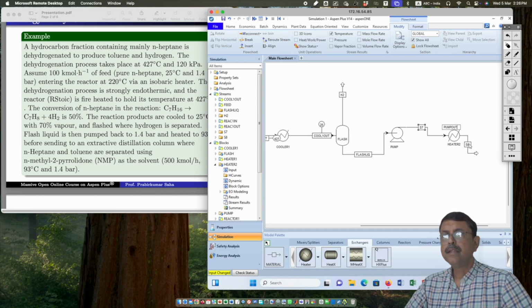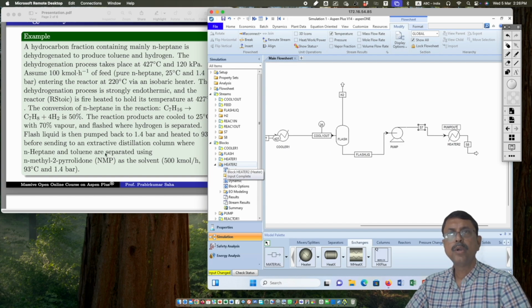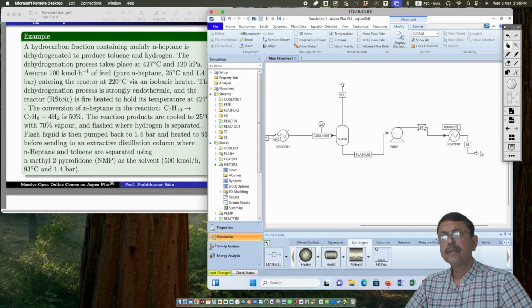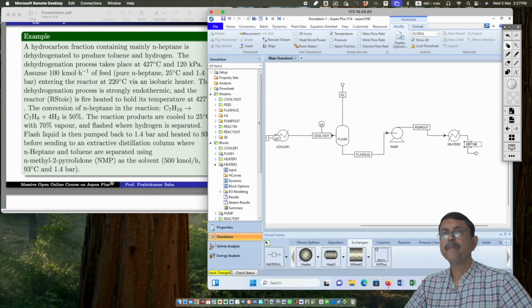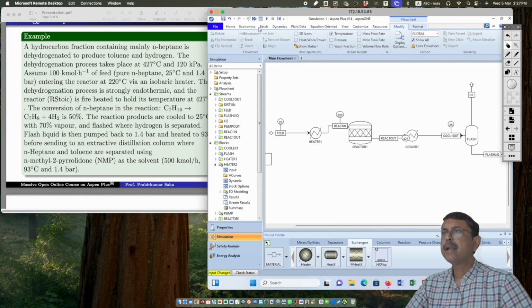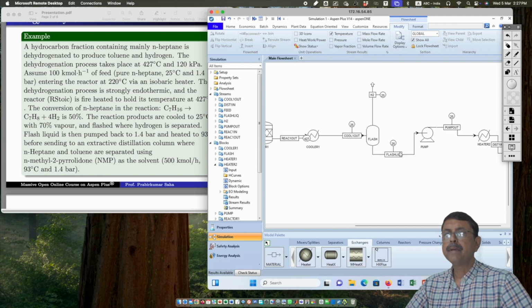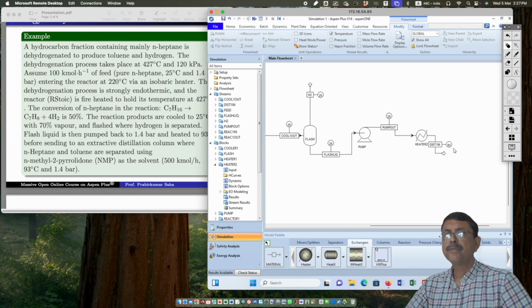And this one will go into the extractive distillation column unit. So there are two units, distillation 1 and distillation 2. So we will name them dist 1 and dist 2. Let us name it as dist1 in. Okay. So let us run it. Yeah. So we find the temperature over here. Okay. All of them, it comes to 93 degrees centigrade. Okay.